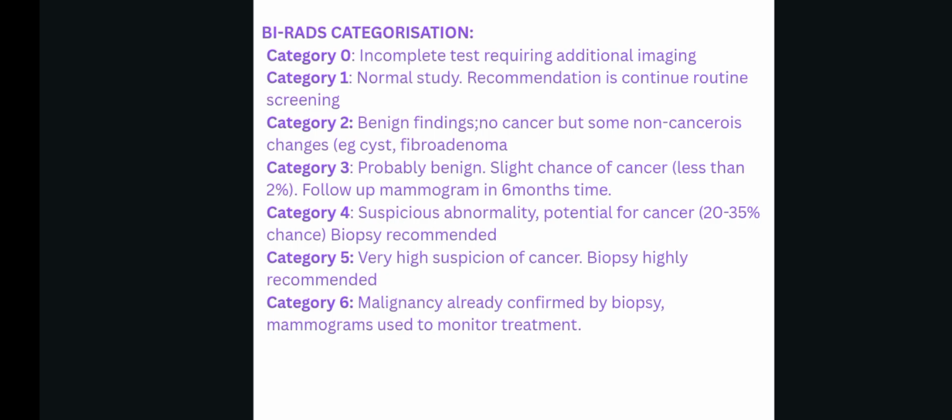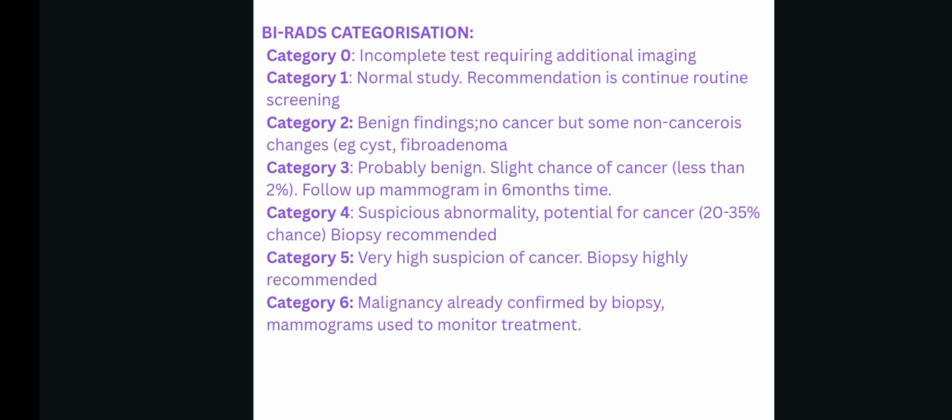So in such a patient, biopsy is recommended to clear the doubt. Then BIRAD category 5 is very highly suspicious of cancer. So in such a case, delay is not recommended. Biopsy is highly recommended so that the patient can know his stand and treatment plan can be started on time.